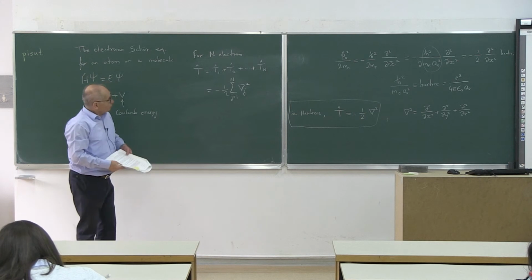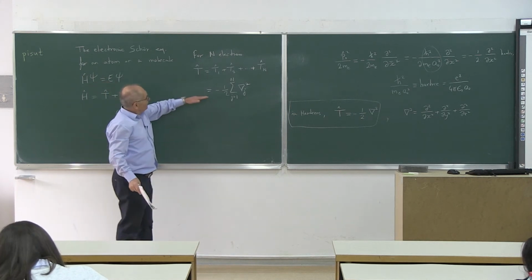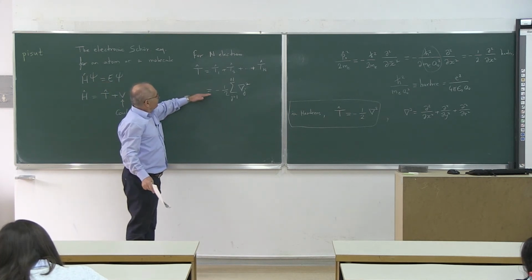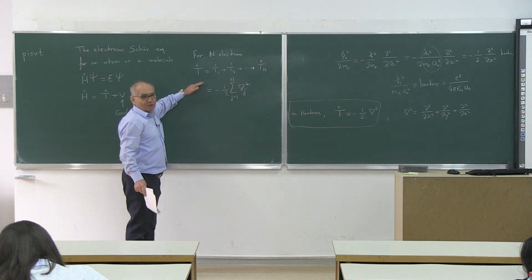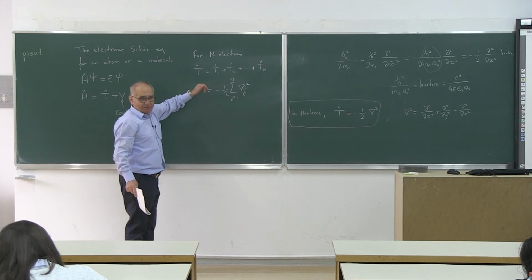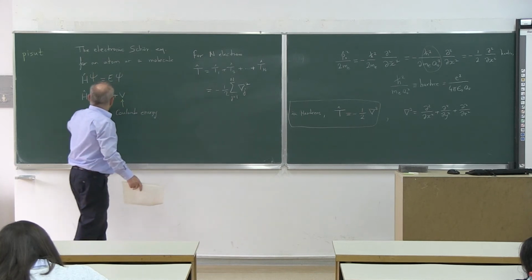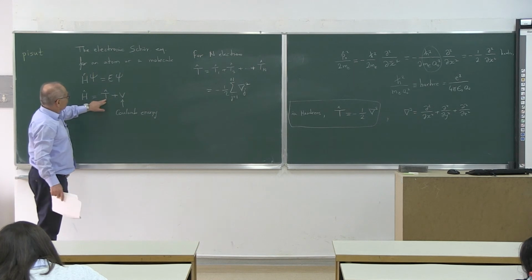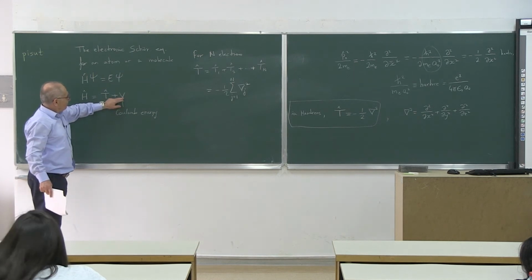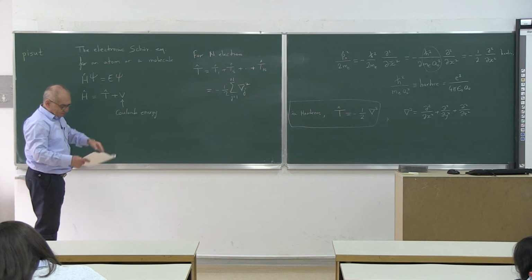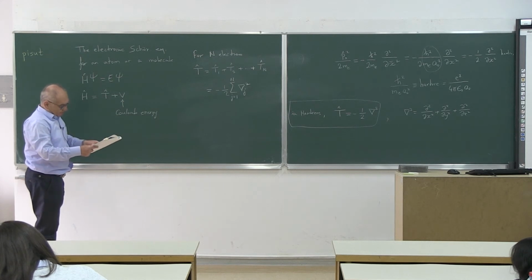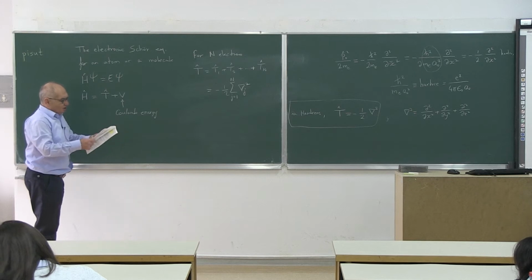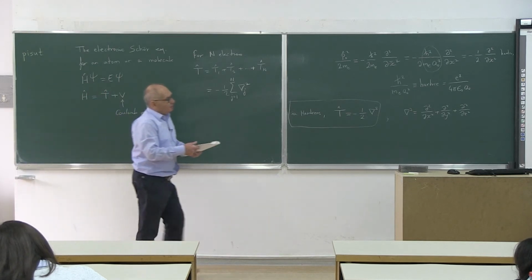So, you see, writing the total kinetic energy for n electrons is simple. It's simply additive. And the total Hamiltonian is that expression for kinetic energy plus the Coulomb potential energy. Let's have an explicit example.